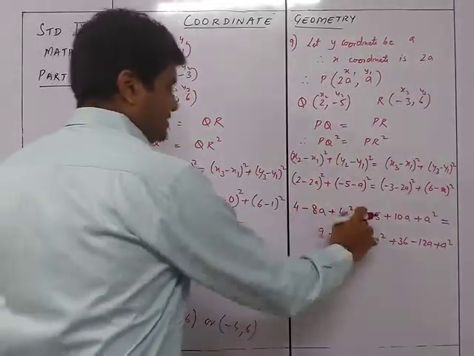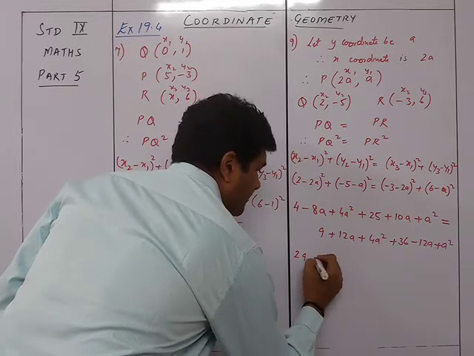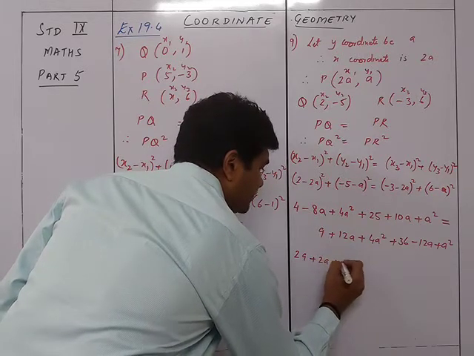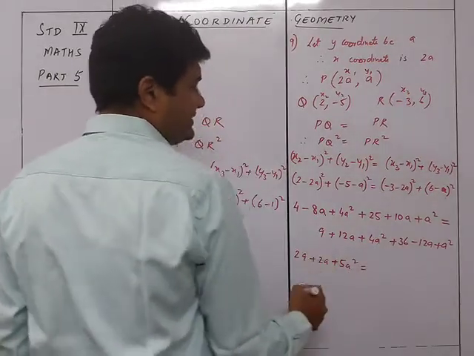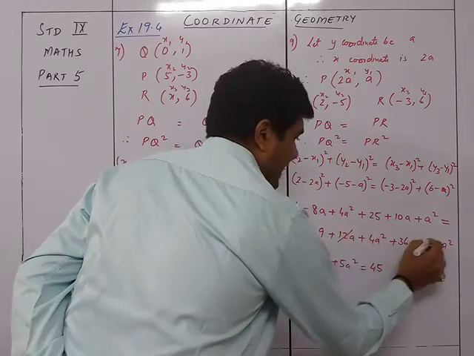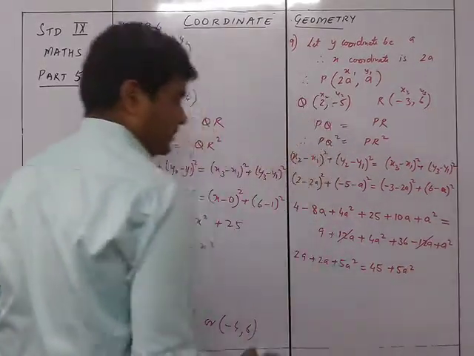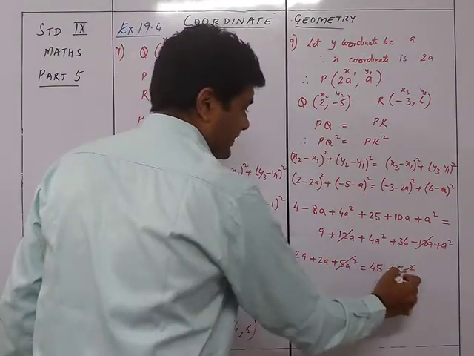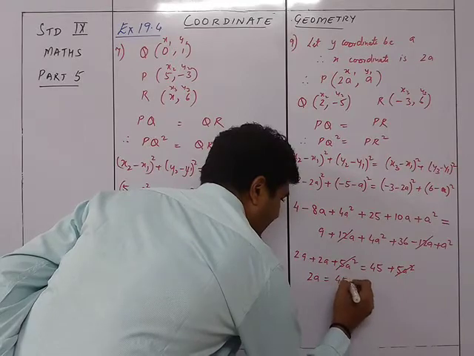So on one side it is 29 plus 2a plus 5a square, is equal to 36 plus 9 is 45, plus 5a square. Now 5a square and 5a square get cancelled. So you have 2a is equal to 45 minus 29.